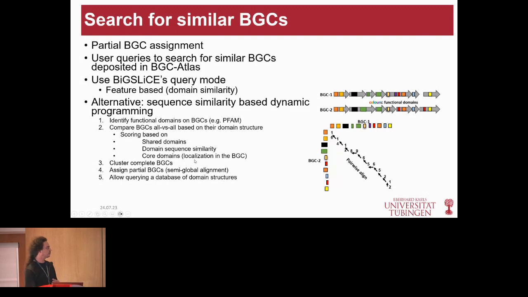We also score some domains higher than others because they are the core domains of a gene cluster, based on their localization in the cluster itself. We use this to cluster complete BGCs, but also to assign partial or user query BGCs using a pairwise alignment of domains instead of sequences, because we think that domains are the functional units that actually matter for the production of the secondary metabolite.